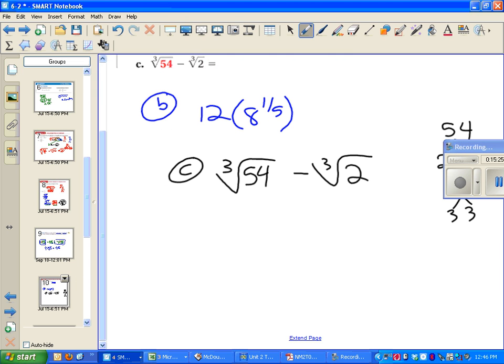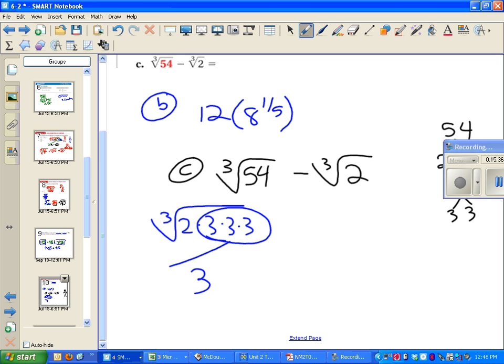Right? So 54 will turn into the cube root of 2 times 3 times 3 times 3. And then these can come out to play as 1. So I have 3 times the cube root of 2. And then we can bring this down minus the cube root of 2.